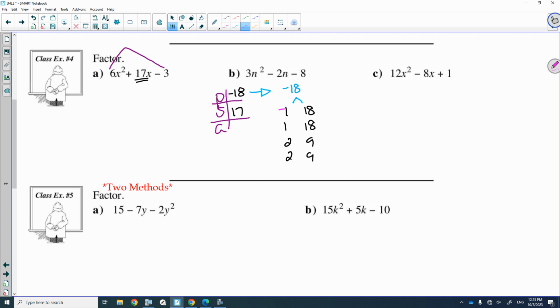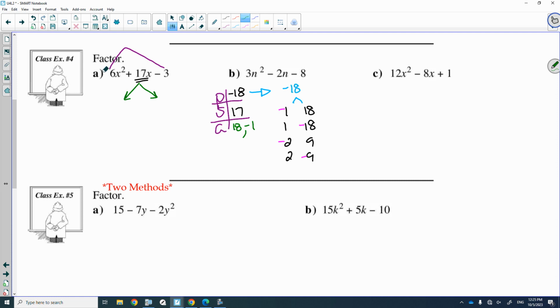So I'm going to put my negatives like this. By inspection, you can get what the two numbers are that will sum to 17. So Edie, what would the two numbers be that will sum to 17? 18 and negative 1. Okay, so always say to yourself, decomp, you break that down.